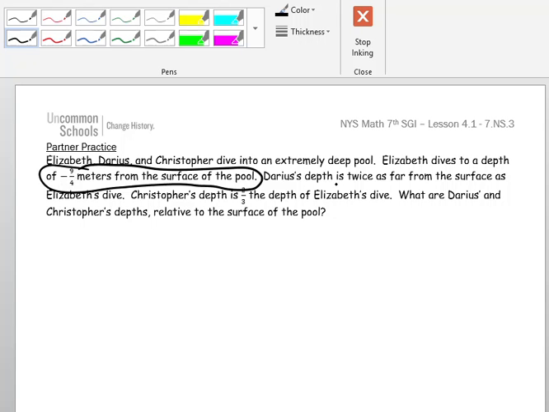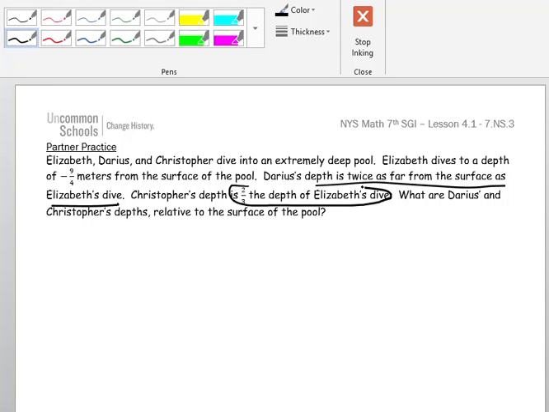Darius's depth is twice as far from the surface as Elizabeth's dive. Christopher's depth is 2/3 the depth of Elizabeth's dive. What are Darius and Christopher's depths relative to the surface of the pool?